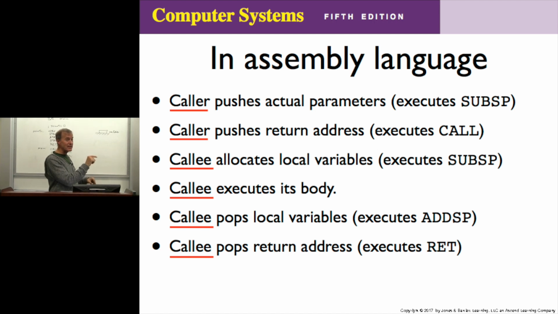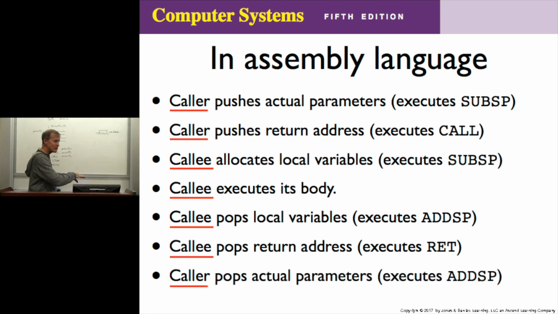To the return address. So who pops the return address to get back to the statement after the call? The callee pops the return address by executing ret. And now we are at the statement after the call. And so now what does the caller have to do? Yes, it has to pop the actual parameters by doing the add SP.